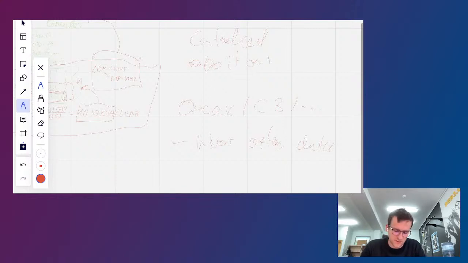If we go with, let's say, Orcax, it would be something like this. We would have to agree on the data expiration dates, how long the data should be considered active.